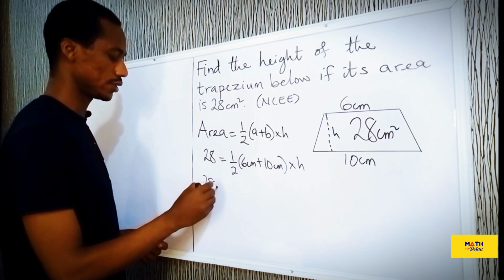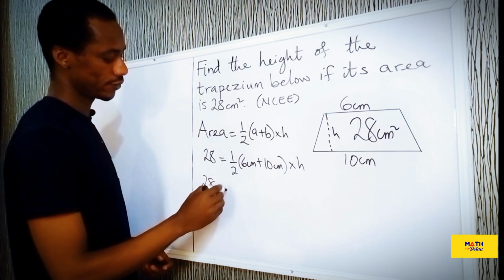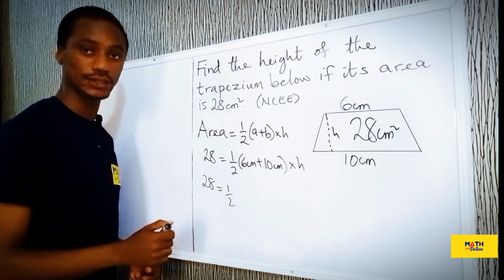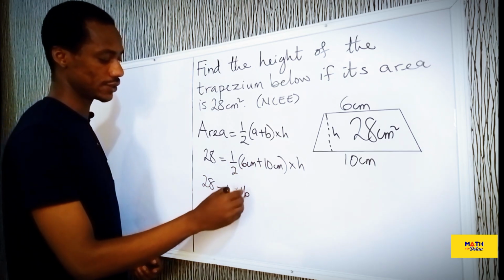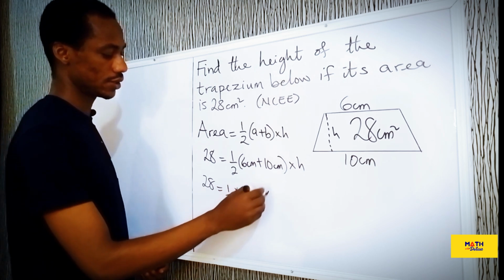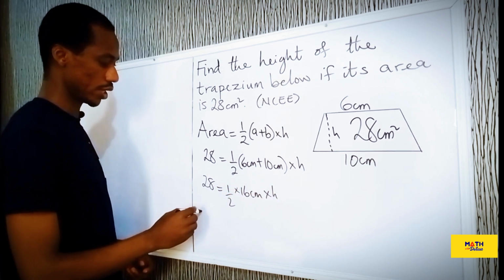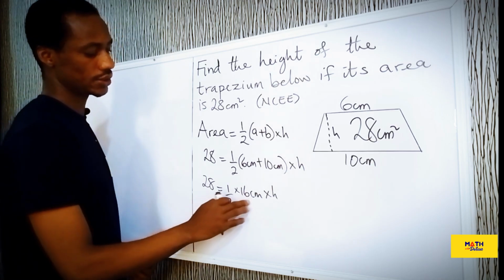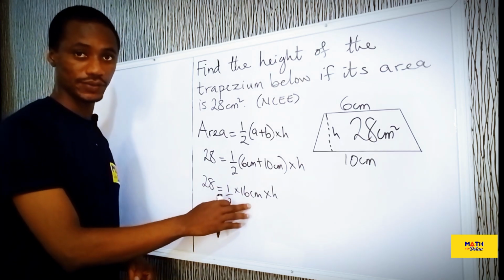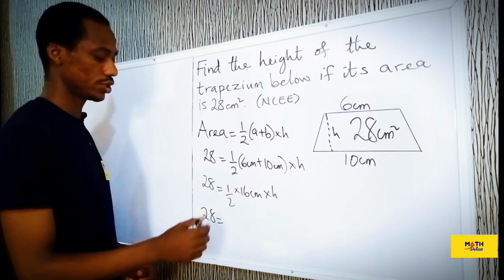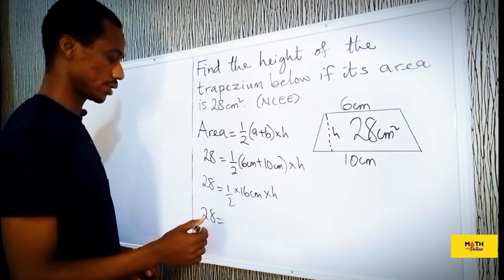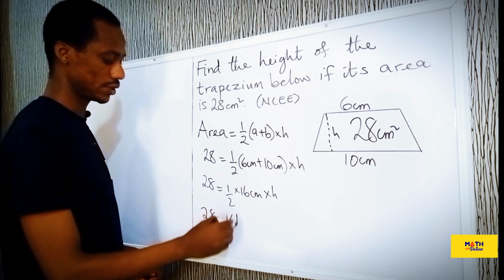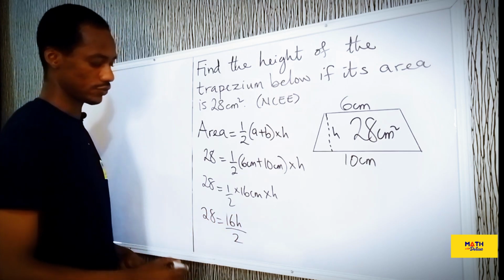We have 28 equals 1 over 2, 6 plus 10 is 16, so that will be 16 centimeters times h. So we have 28 equals 1 times 16 is 16, and times h. I'll just leave the centimeters out. So 16 times h will be 16h, and that's over 2.